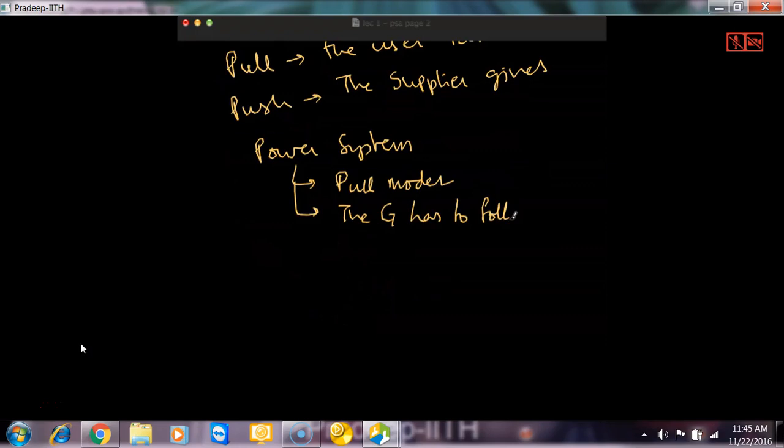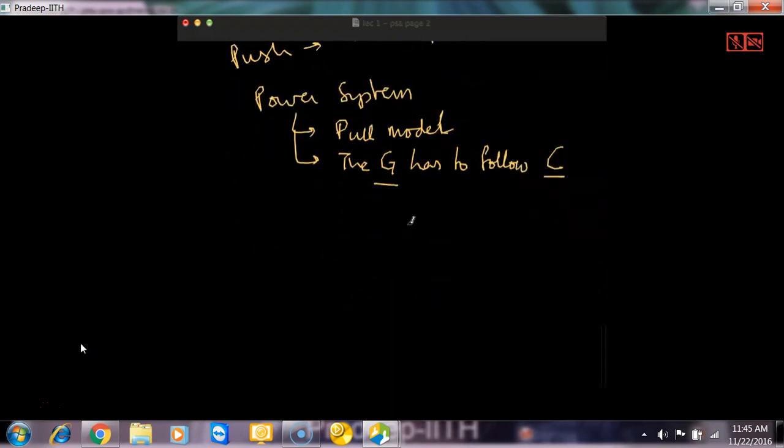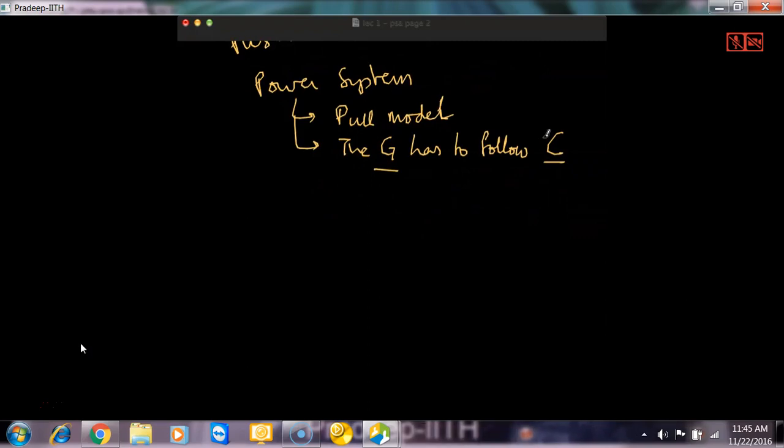If C is decreasing, G has to be decreasing. So this is the pull model of the network. Again, we'll see how it works. Depending on the changes in the load, the changes in the generation have to be made so as to maintain the balance between these two. That is why it is called a pull model, and this also affects the stability of it.